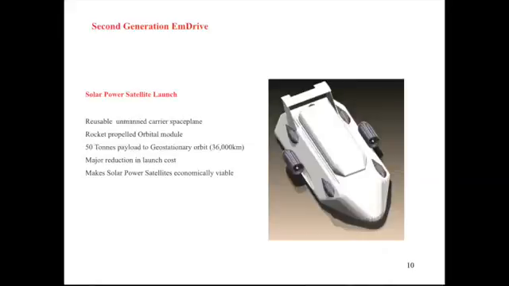So what we're saying is that we will use the EmDrive as a lift engine. This will lift the carrier vehicle to the altitude. It will do it gently and efficiently, rather than in the rather brutal manner of a classic launch vehicle. And once it's at the altitude, then you'll use a conventional rocket to accelerate you up to orbital velocity.